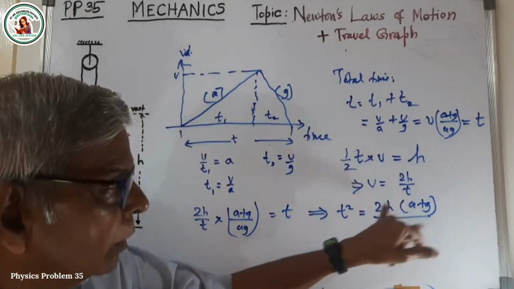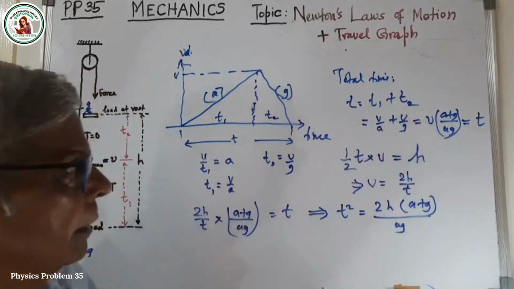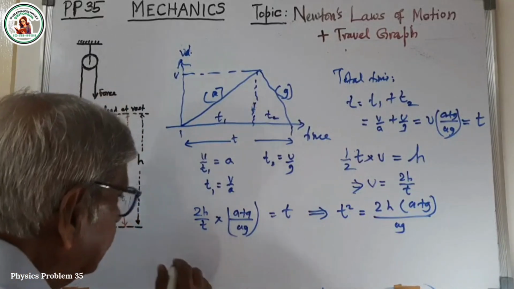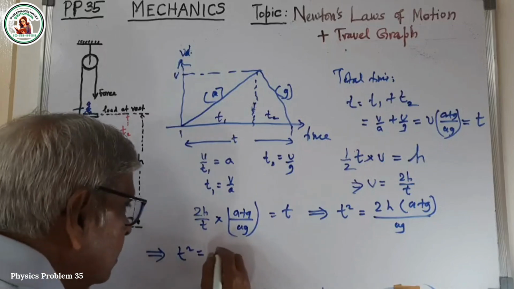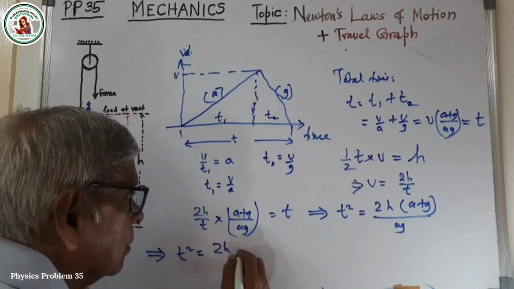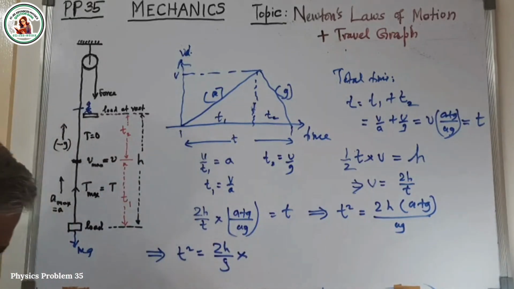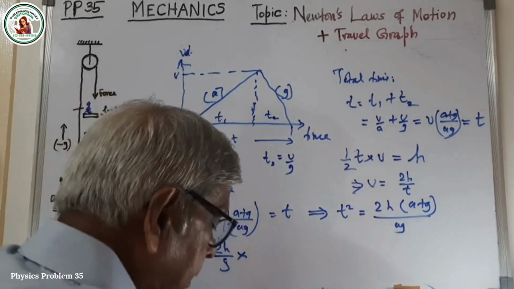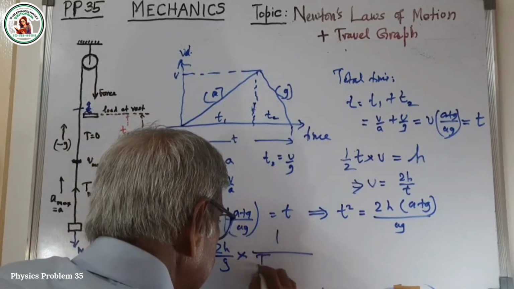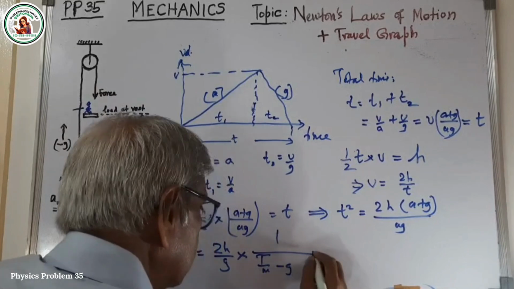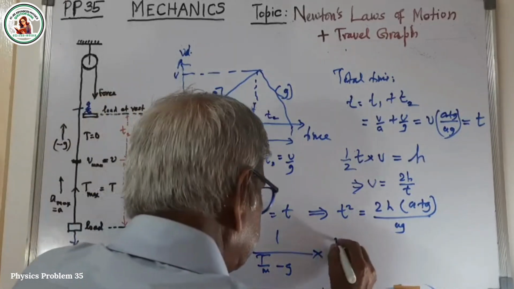The square root of this will be the minimum time we want, but since A is not a given quantity, we substitute for A. So t square is equal to 2h by g times (A plus g) by A. Now 1 by A is available as 1 by (T by m minus g), and A plus g we already know is T by m.